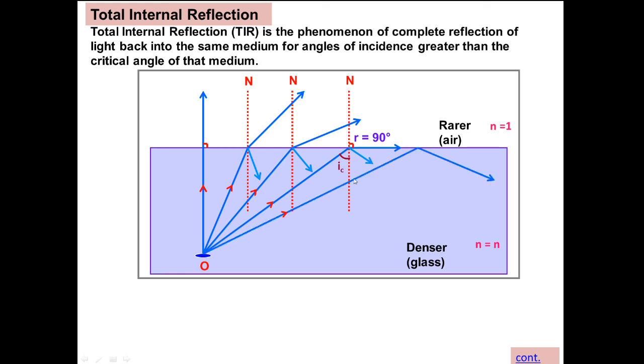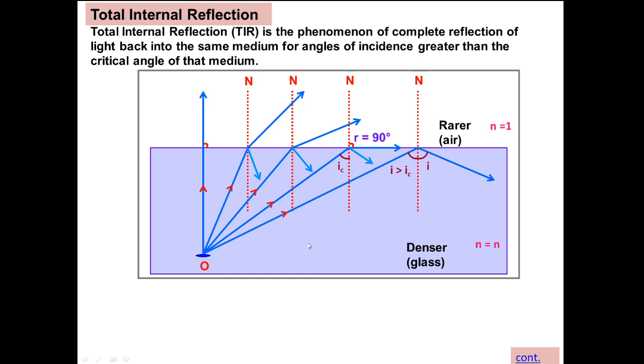Now if the angle of incidence is greater than the critical angle, then the angle of refraction must be greater than 90 degrees. Then how is it possible? Means light returns back into the same denser medium, and this phenomenon is total internal reflection.